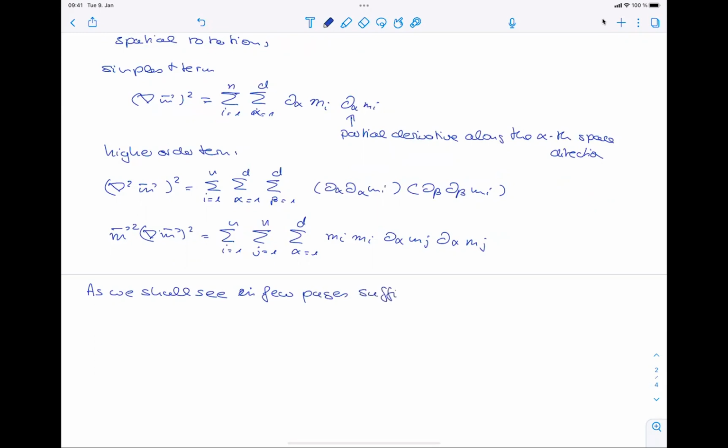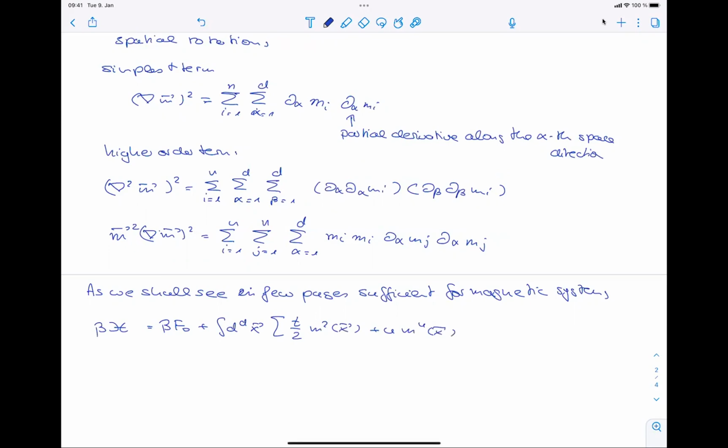It's sufficient for magnetic systems to define this effective Hamiltonian as a constant, and then integrating over all spatial dimensions. And then here we have t a half m squared of x, u m to the power 4, and a spatial derivative term.